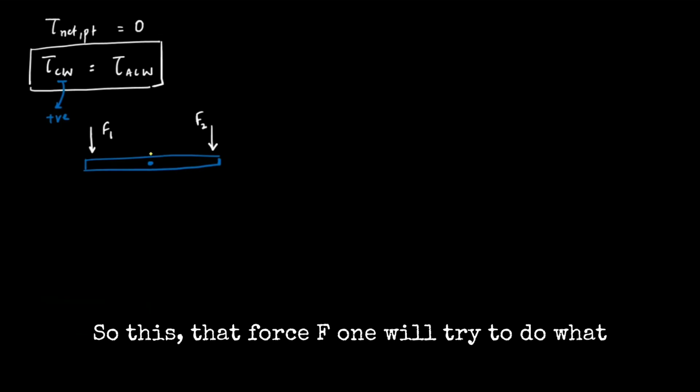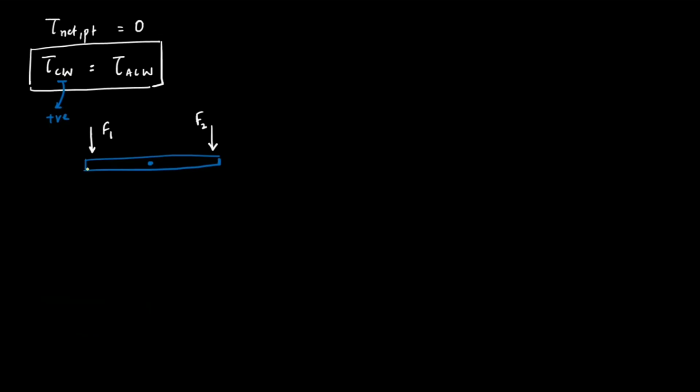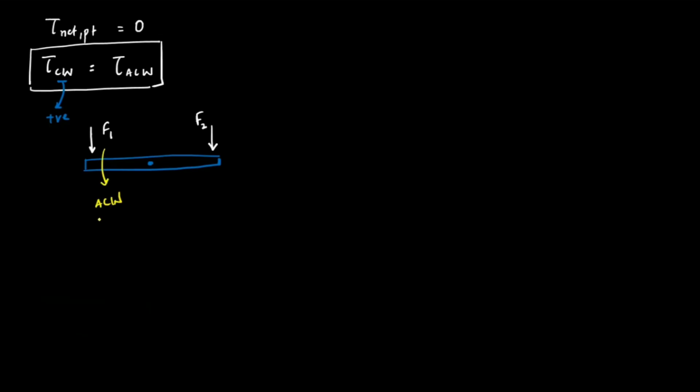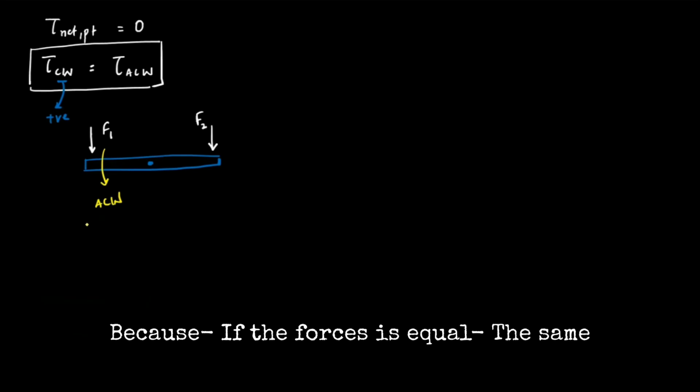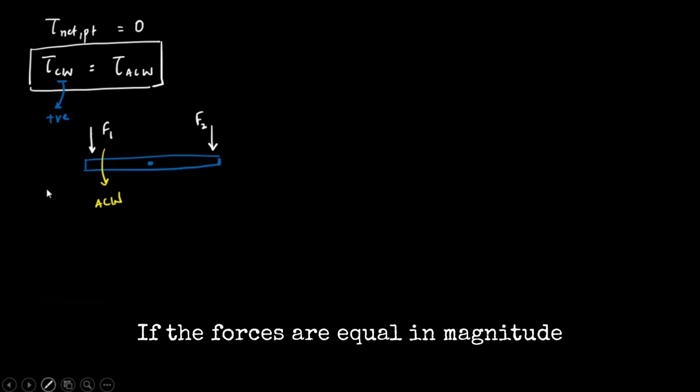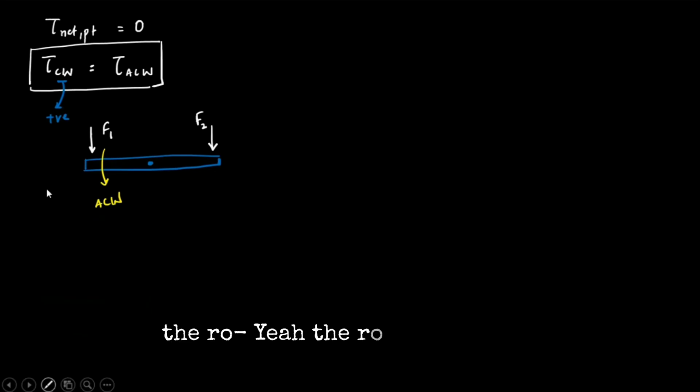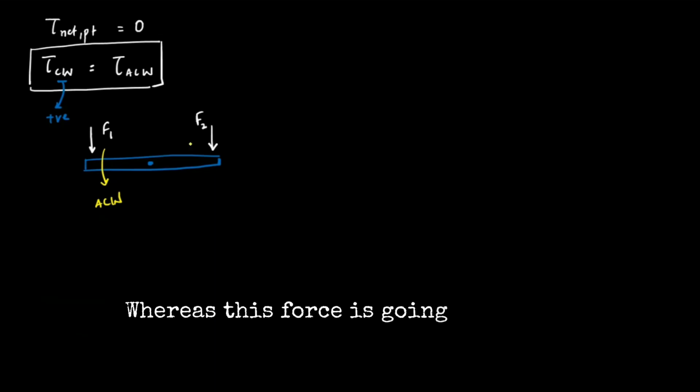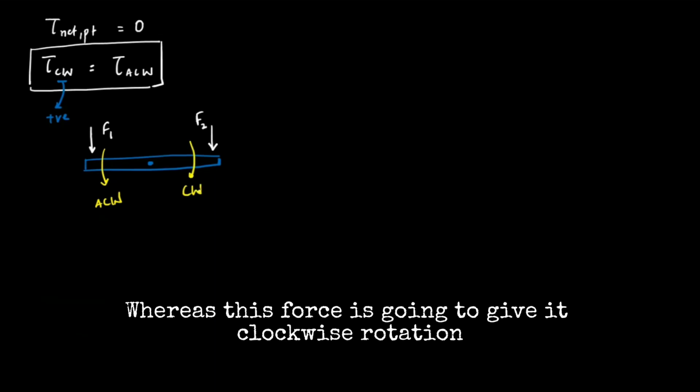Force F1 will try to rotate it in the anti-clockwise direction. Oh, so if the forces are equal in magnitude, the rotations will cancel each other out. Yeah, but if they are not, the rod will rotate. Whereas this force is going to give it clockwise rotation.